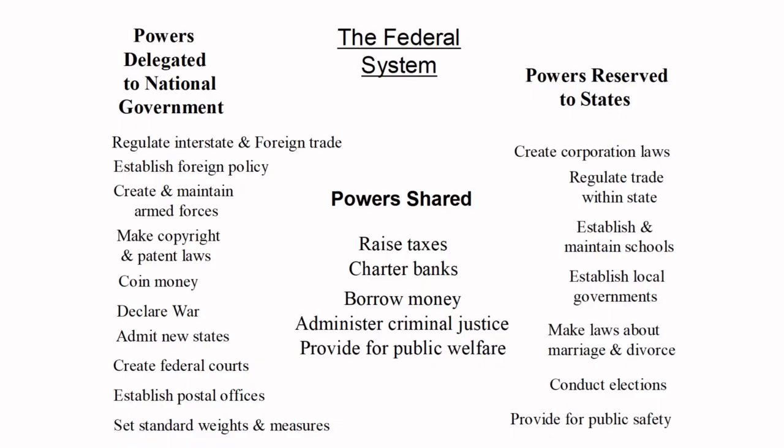Next, we will talk about the federal legislative power. So it is important to observe that the Constitution delegates different powers to the federal government than it delegates to the states.